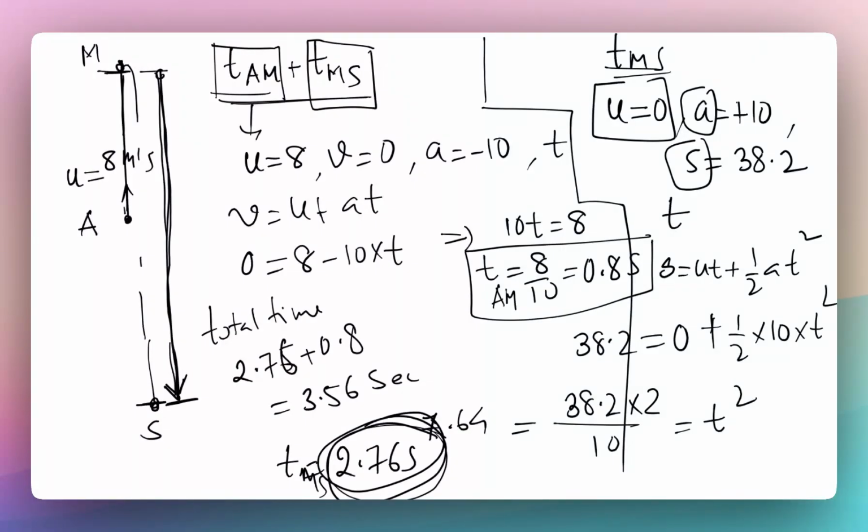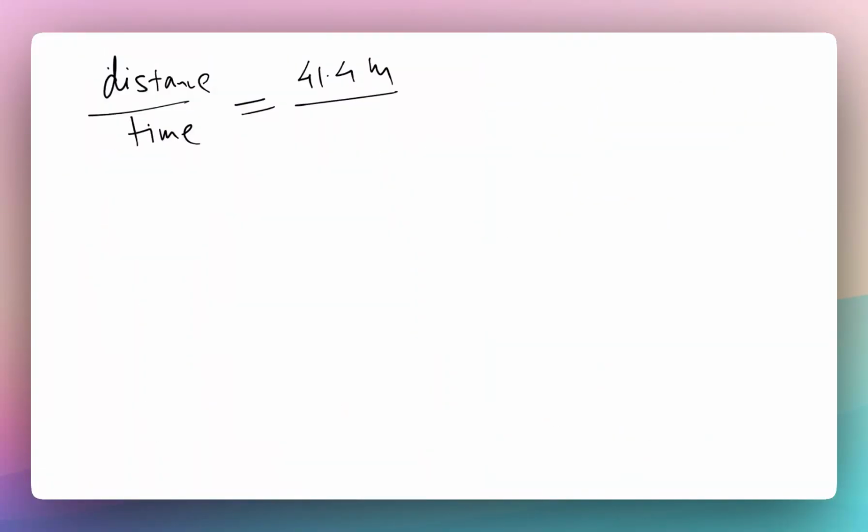Here, total time was 2.76 seconds plus 0.8. So total time was 3.56 seconds. So we are going to divide it by 3.56 seconds. So my speed, which doesn't have any direction, by the way, is simply going to be 41.4 divided by 3.56 seconds, and that is going to be 11.62 meters per second.